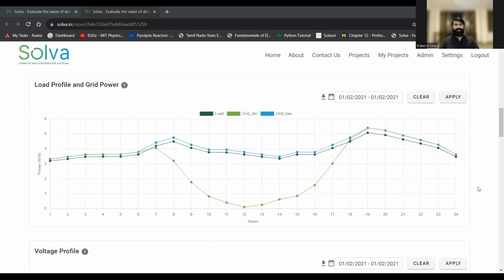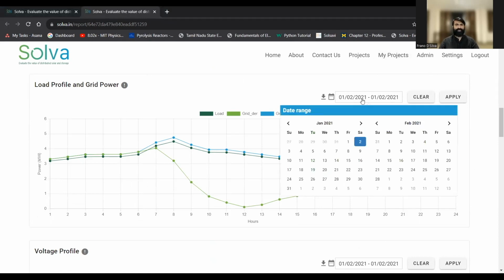Further, we can then see the load profile and the grid power details for 24 hours. In this case, we can manipulate the date range and see for more than one day.